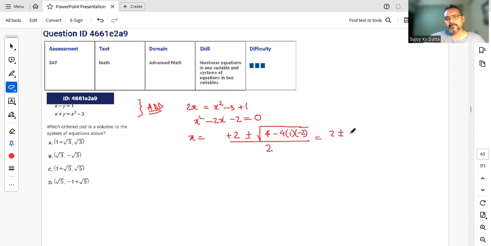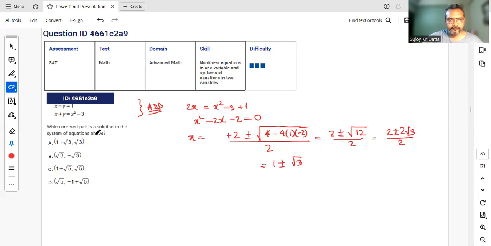So that's 2 plus minus root of this thing becomes 8 plus 4 is 12, by 2. Now 12 is 4 times 3, 4 goes outside as a 2. So it's 2 plus minus 2 root 3 by 2. So it is 1 plus minus root 3.